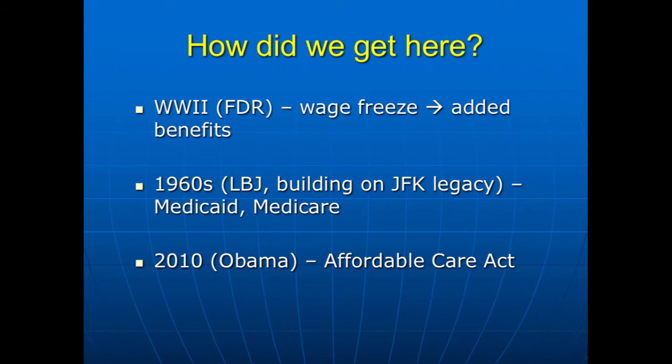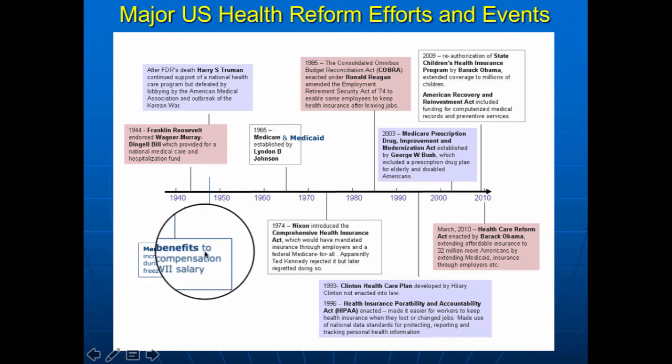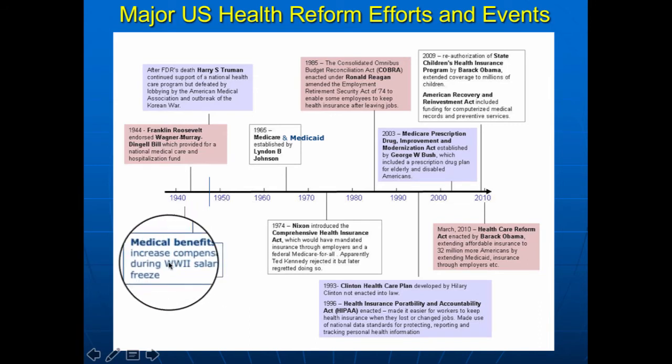Finally, the next really big change to U.S. healthcare structure was in 2010, with the passage of Barack Obama's Affordable Care Act, which expanded both private and public components of care. Let's see these key historical events in context. On the lower left, you see medical benefits used to increase compensation during World War II.